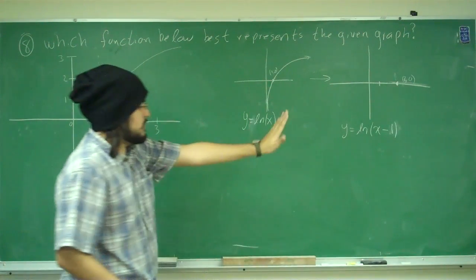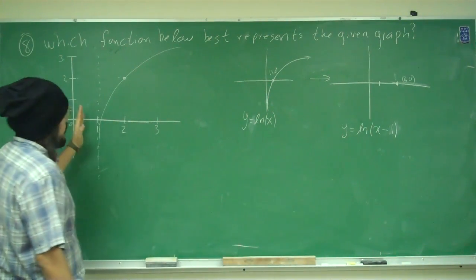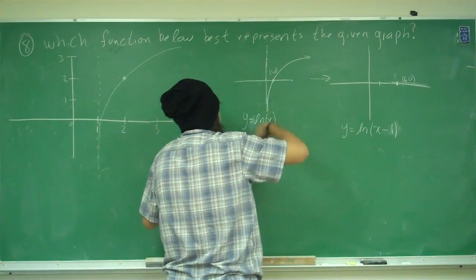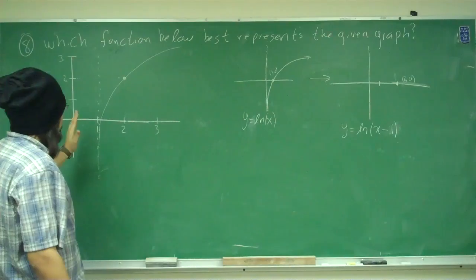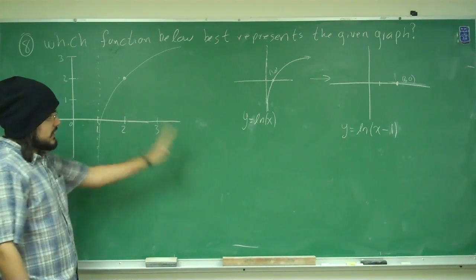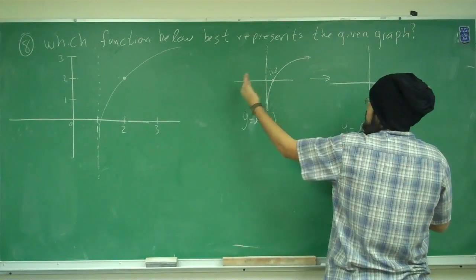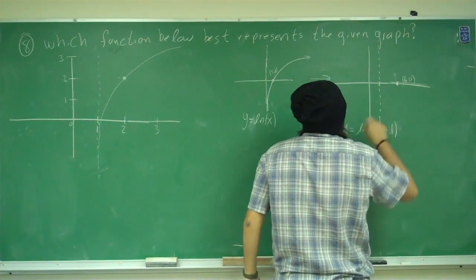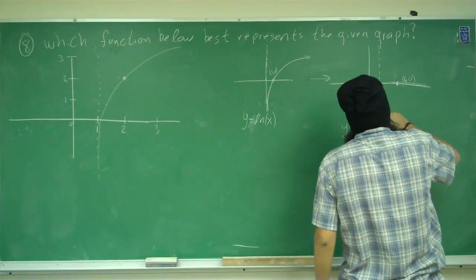And if we do a horizontal shift to the right, because ln has a vertical asymptote at x equals 0, that vertical asymptote shifts to the right as well when you shift this graph. So if it's at x equals 0 and you're shifting 1 unit, you're shifting the vertical asymptote too. So now the vertical asymptote is there. If we shift that, now we have this.